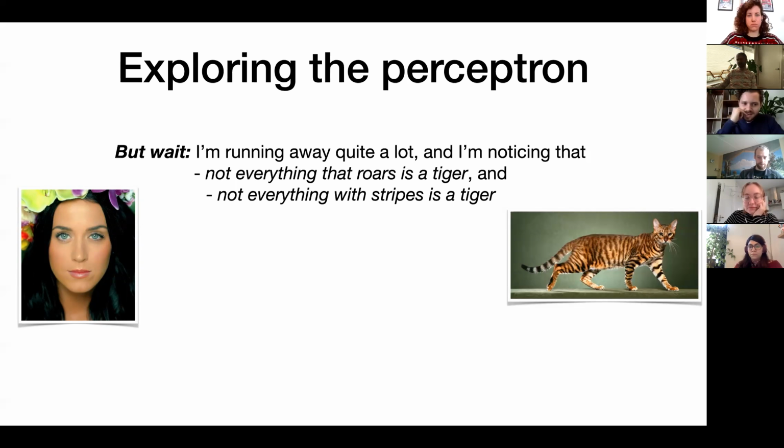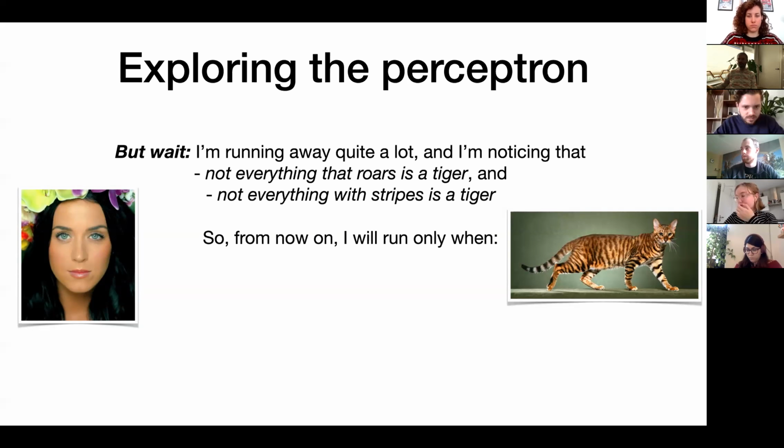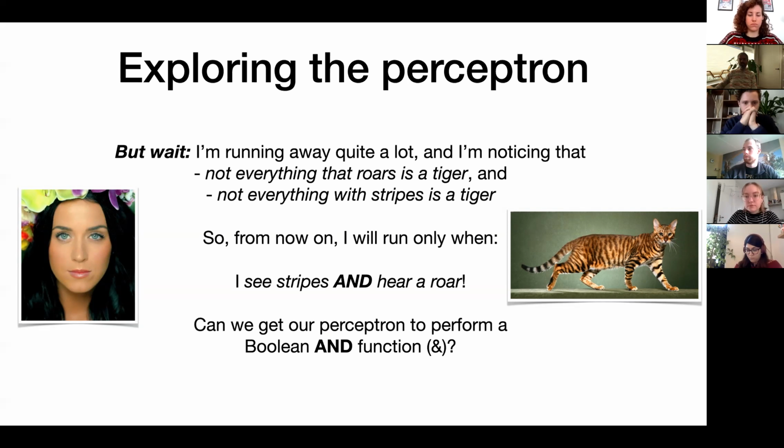So we were making these types of errors that were making us very tired. So we might change our processing, right? We might change and say, from now on, I will run only when I see both stripes and hear a roar, right? So I'm going to combine them into a Boolean AND function.